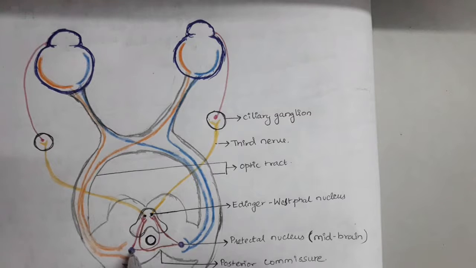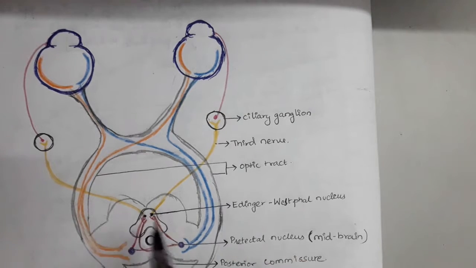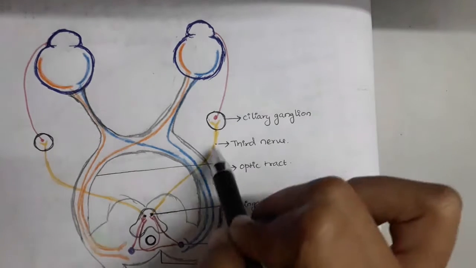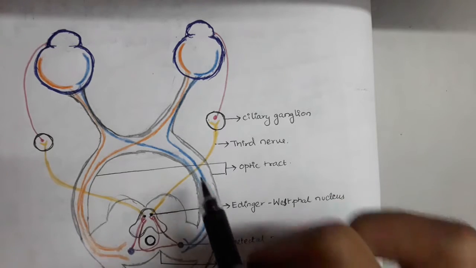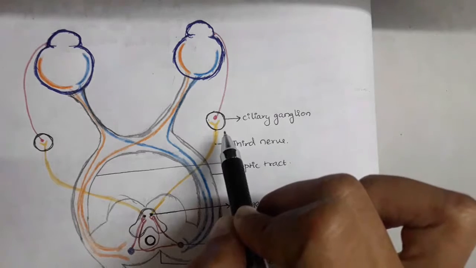Then from the contralateral pretectal nucleus there arise internuclear fibers. These internuclear fibers will stimulate both the contralateral and ipsilateral Edinger-Westphal nucleus. The Edinger-Westphal nucleus will stimulate the preganglionic third cranial nerve, which will reach the ciliary ganglion.